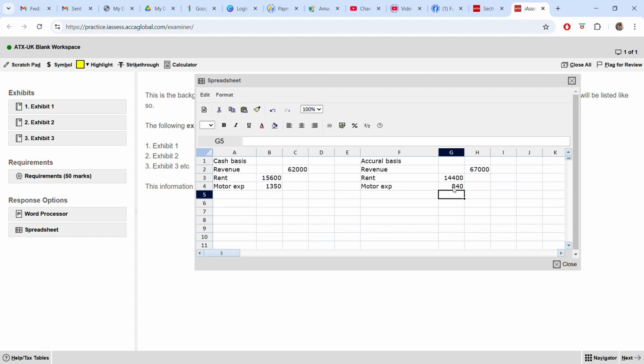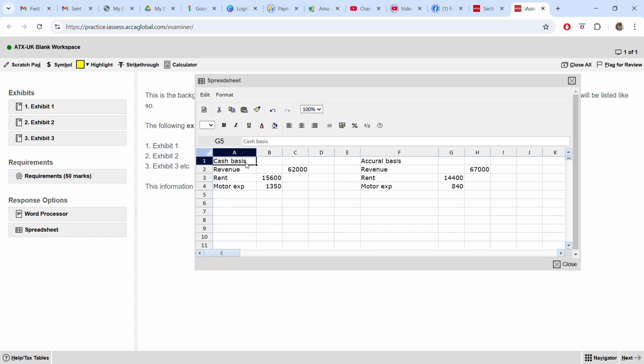Next, after motor expenses, what's next? We have other expenses. We have equipment purchase.